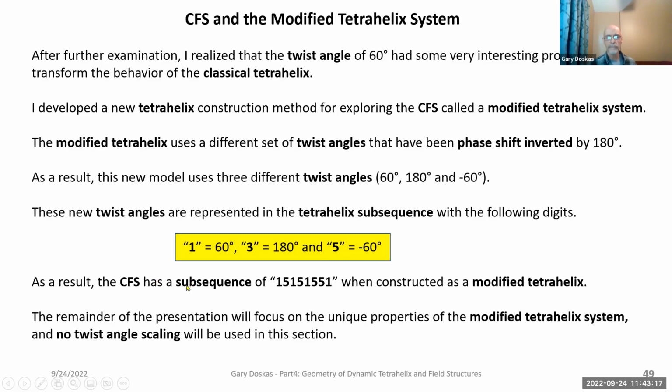And as a result, the subsequence now will have a sequence of 15, 15, 15, 51 when you construct it as a modified tetrahelix. And the remainder of the presentation is going to focus on these unique properties for a modified tetrahelix. And I won't use any twist angle scaling for the next few slides.